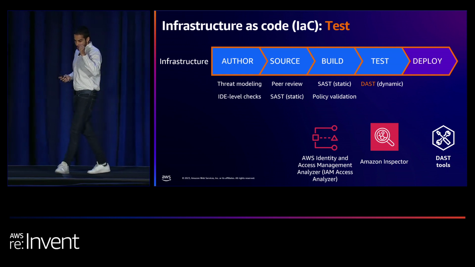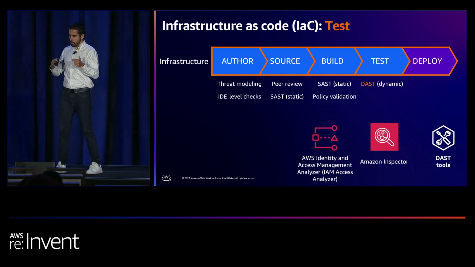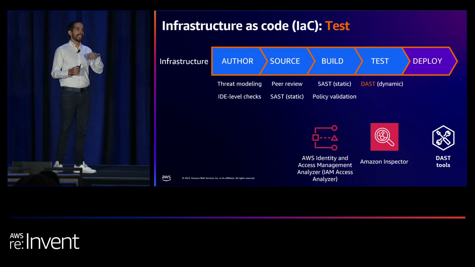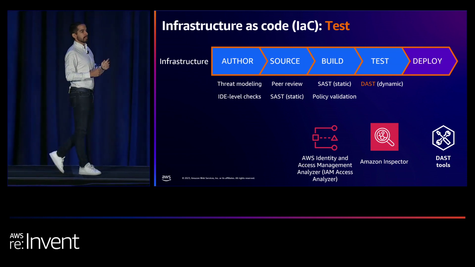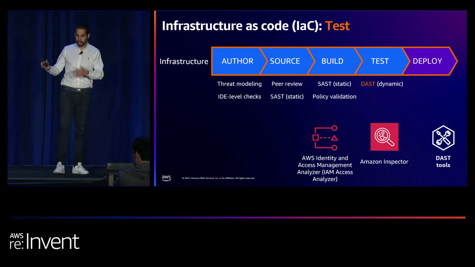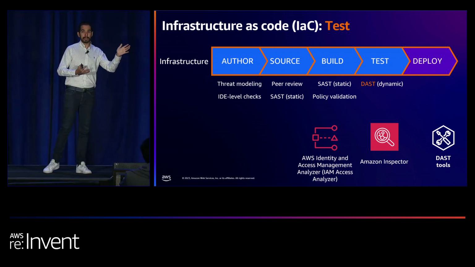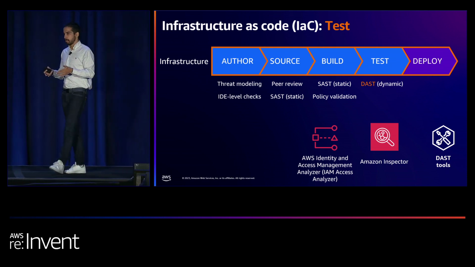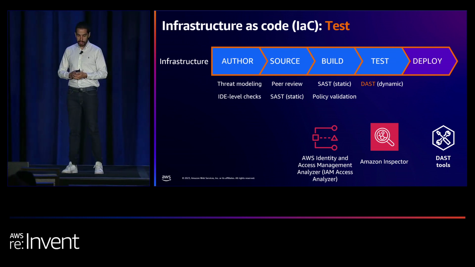With this tool, you can automatically run security checks for your IAM policies and alert you if some risky IAM policies are present. For example, if there's public access for buckets or if something is not encrypted, and as part of your infrastructure deployment, you can fail the deployment if one of these risks is alerted by AWS IAM Access Analyzer.